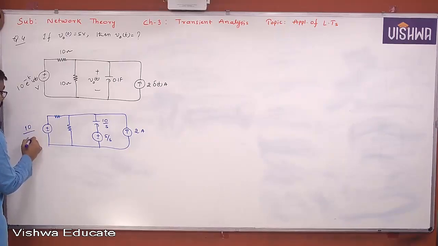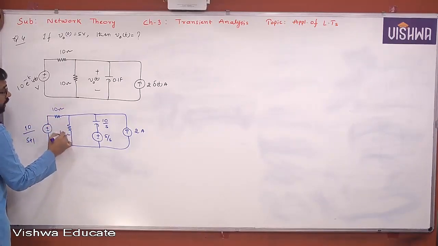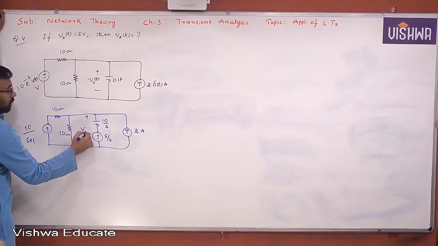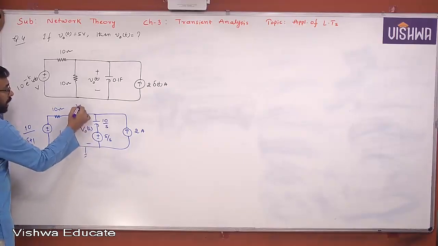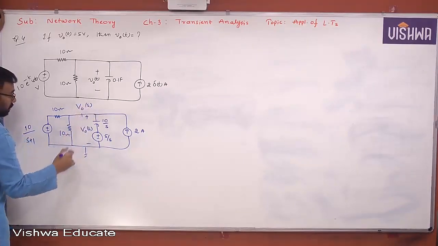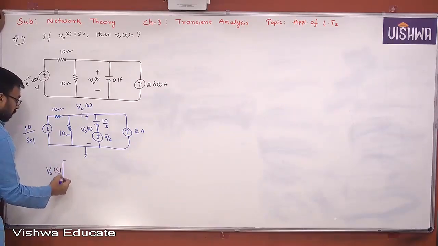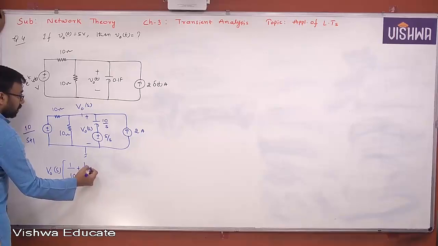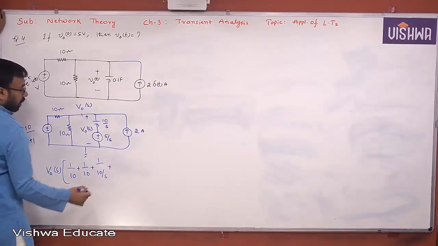10 by S plus 1, 10 ohm and 10 ohm. Now this entire value is V naught of S. This is 0. Therefore, you can take it as V naught of S. Now, V naught of S of 1 by 10, 1 by 10, 1 by 10 by S. Okay?